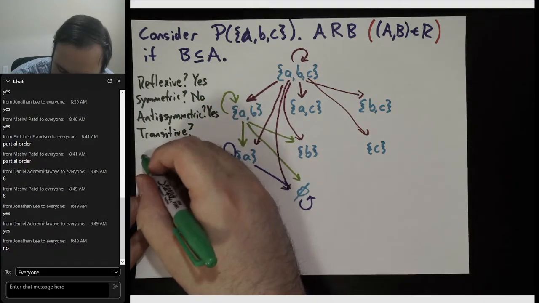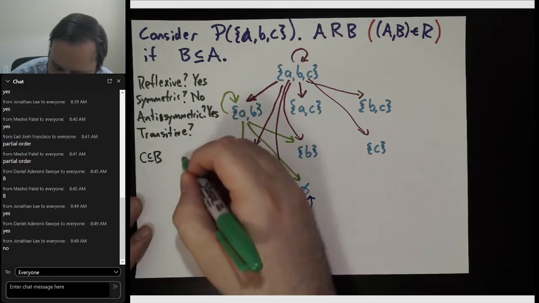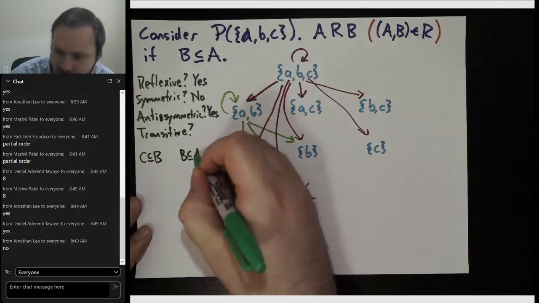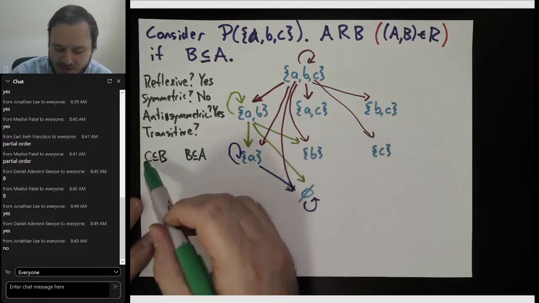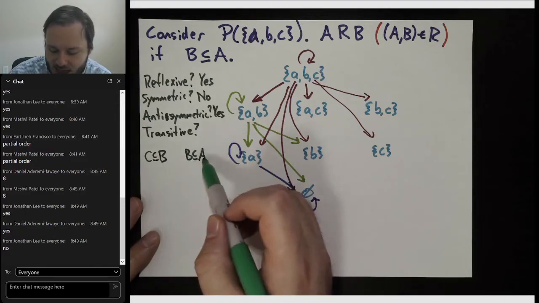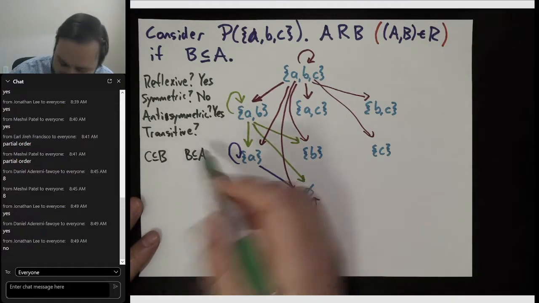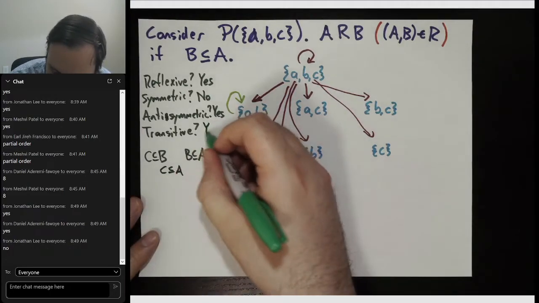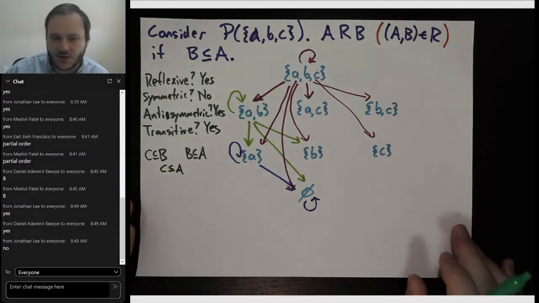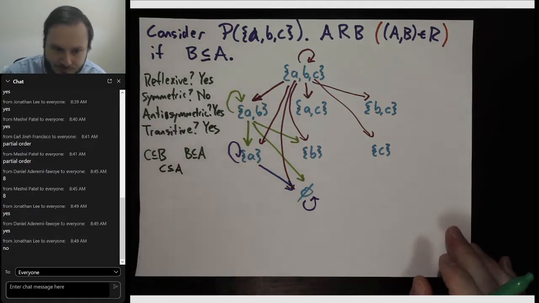Well, if C is a subset of B and B is a subset of A, do a little bit of set theory. Everything in C is in B, everything in B is in A, so everything in C is in A, so C is a subset of A is true. But yes, we do have transitive. And we do have a partial order.